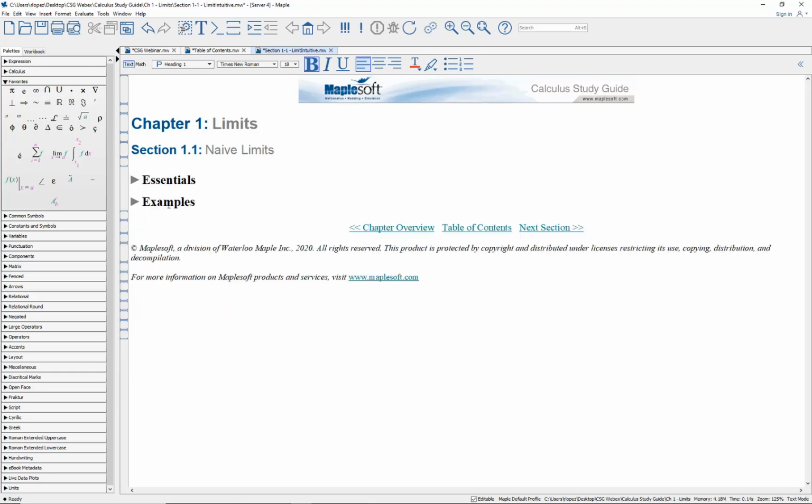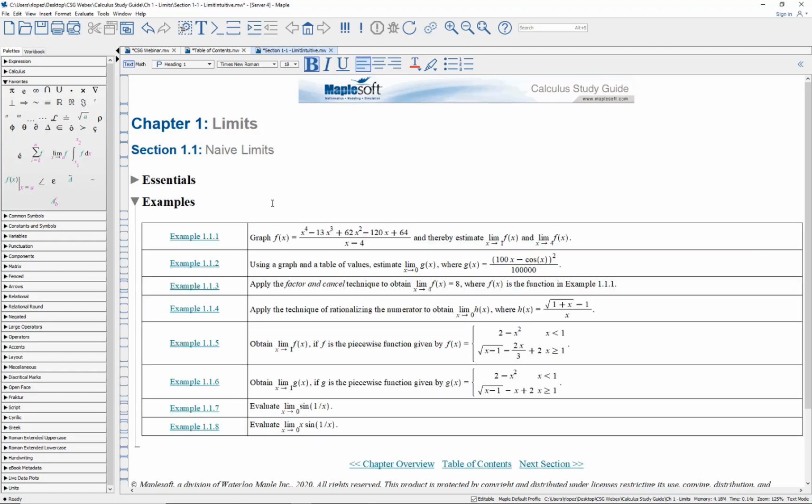It summarizes the key points, but the real action here is in the examples, where each example exposits an idea from that topic and captures that idea in both mathematical language and separately in Maple.